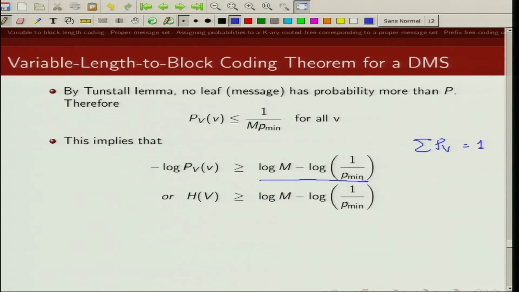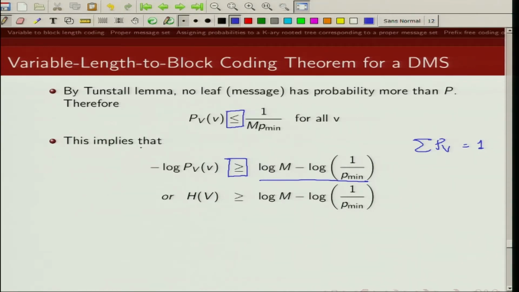We take the log of this, this will be minus log of m plus log of 1 by P min, and if I multiply by minus, so minus log, this less than or equal to becomes greater than or equal to, and minus log m becomes log m, and this becomes minus log of 1 by P min.